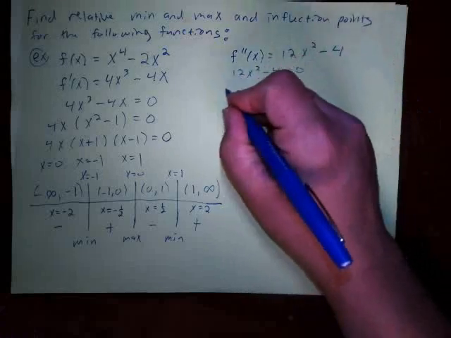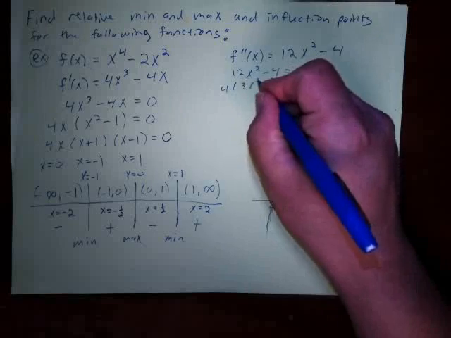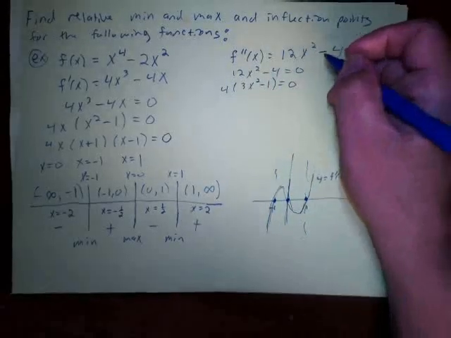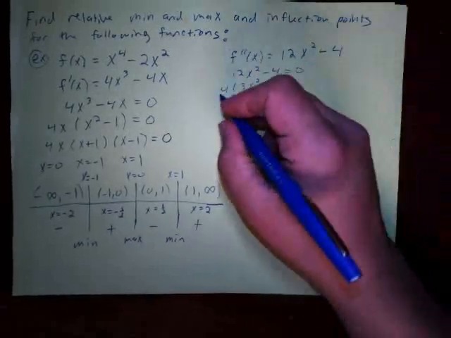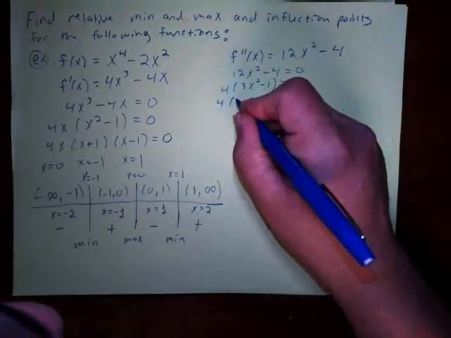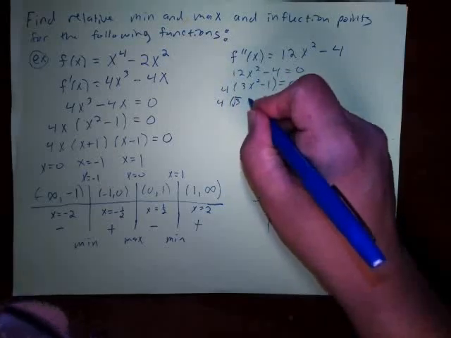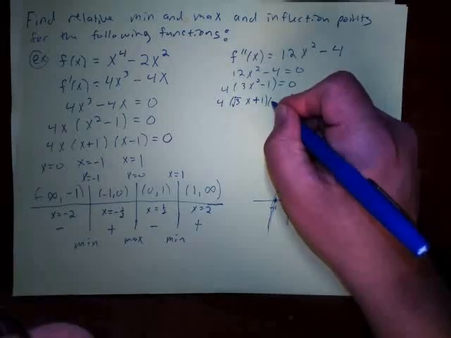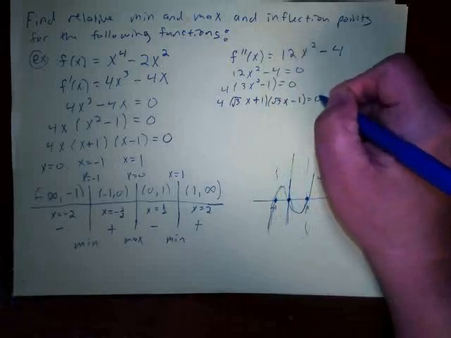And I can pull out a 4 here, and then I'm left with 3x squared minus 1 is equal to 0. And then I suppose I can factor this: the square root of 3 times x plus 1, times the square root of 3 times x minus 1, is equal to 0.